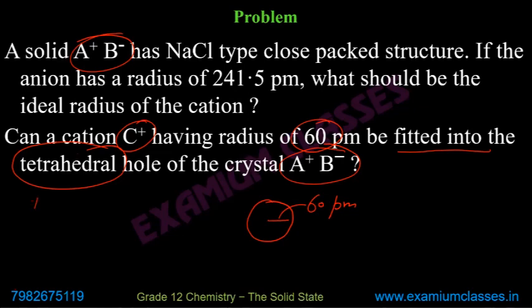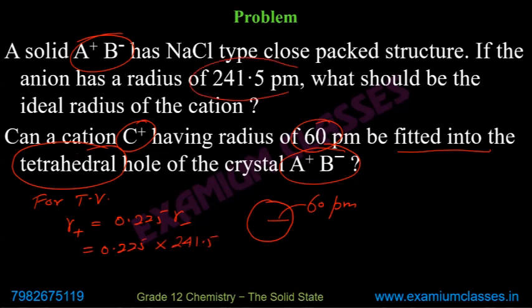So for tetrahedral void, the maximum radius of the cation which can be there is given by 0.225 r minus. So it will be 0.225 into 241.5, where r minus is the radius of the anion in picometer, which comes out to be 54.3 picometer.